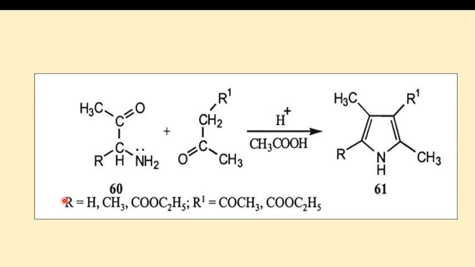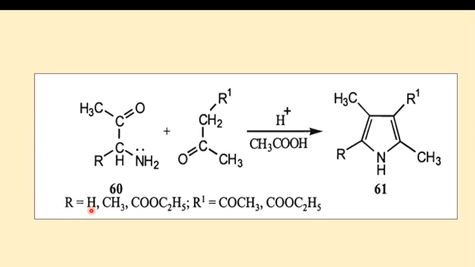So this one is a 1,4-dicarbonyl compound which reacts in presence of CH3COOH to give the respective pyrrole, which is substituted at 2nd, 3rd, 4th and 5th position. The R group may be varied.